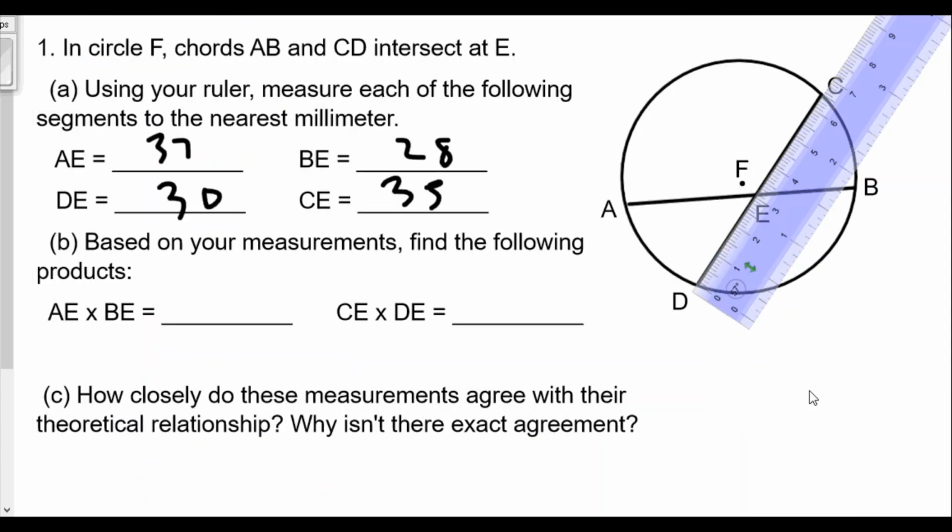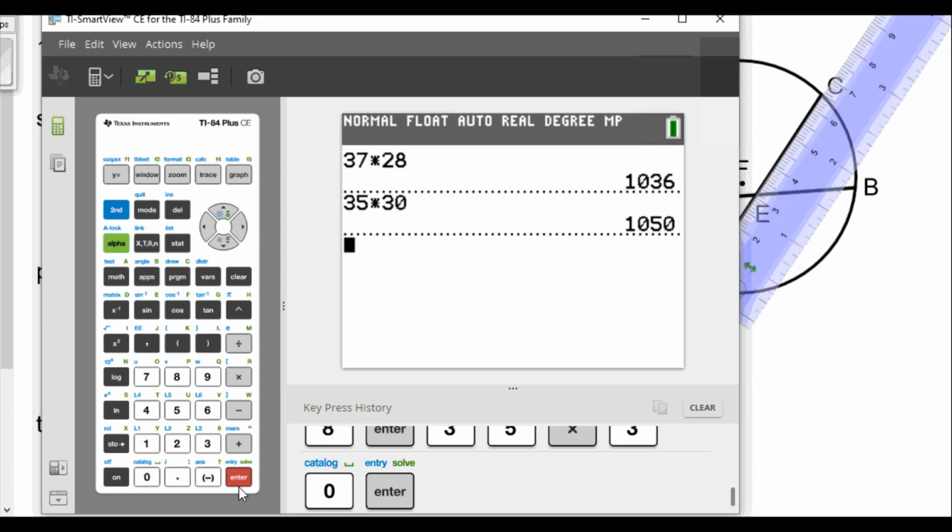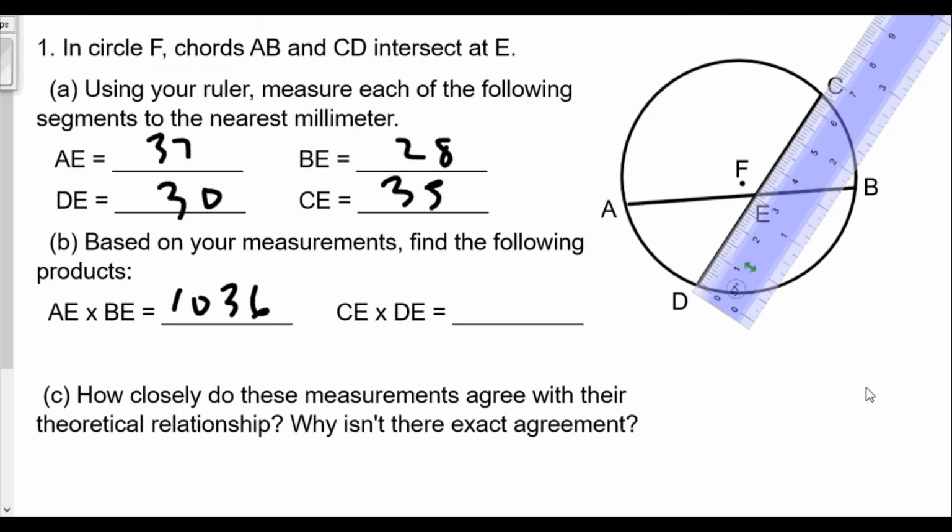Now for CE times DE, that would be 35 times 30, which equals 1050.